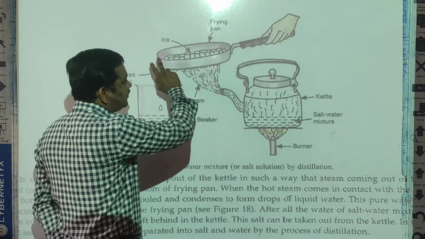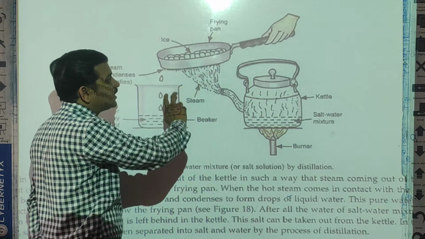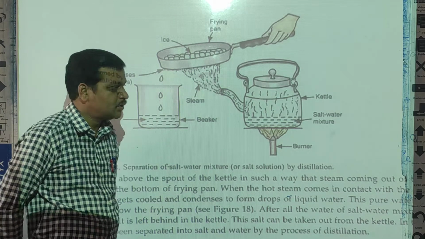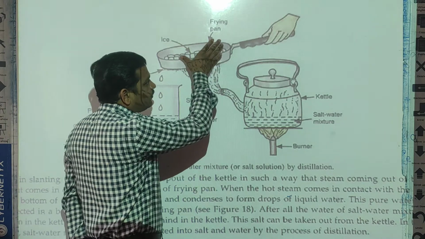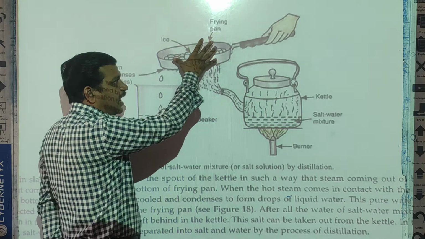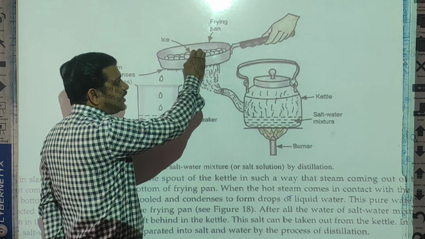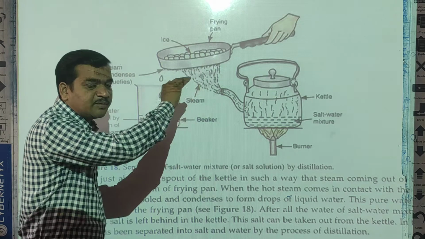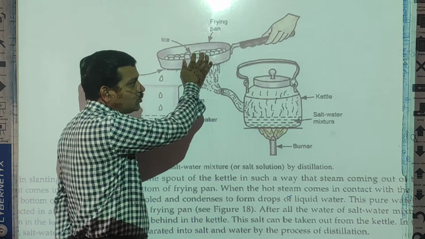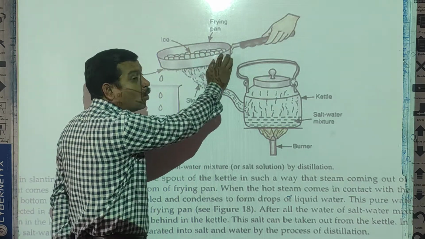Just above the spout, there is a frying pan which contains ice cubes, and due to these ice cubes the surface becomes cold.